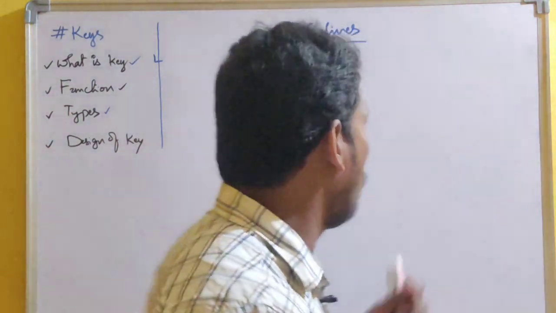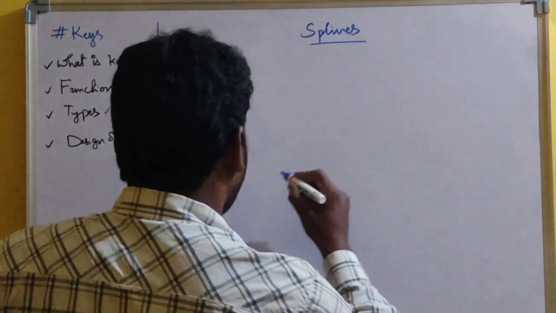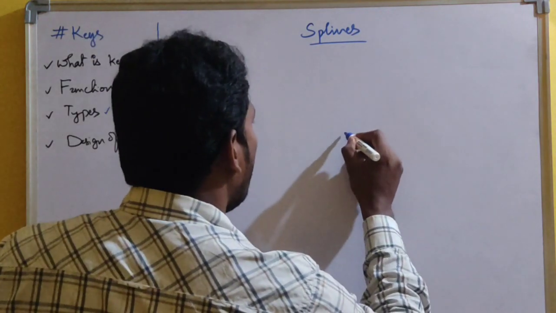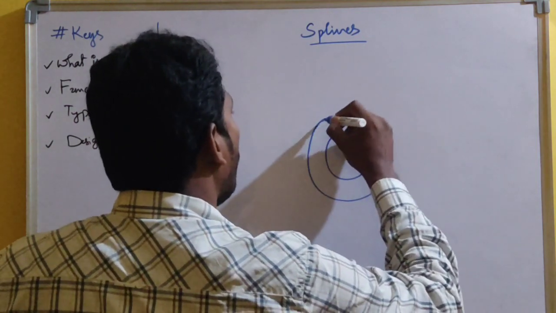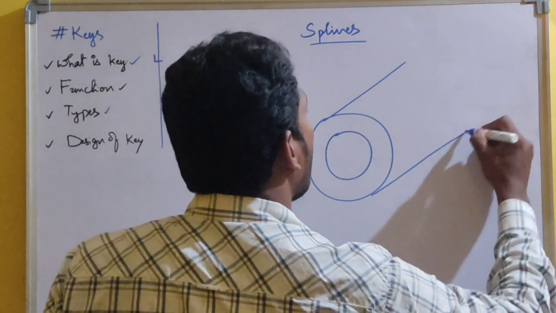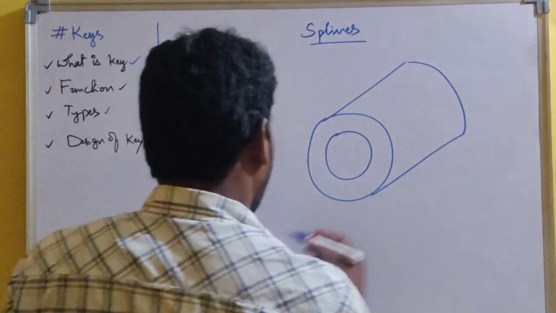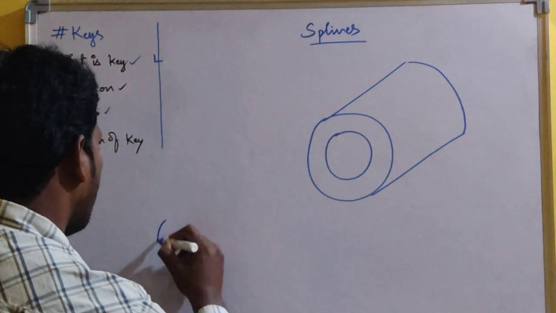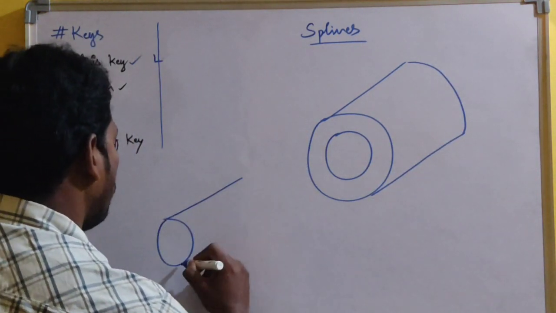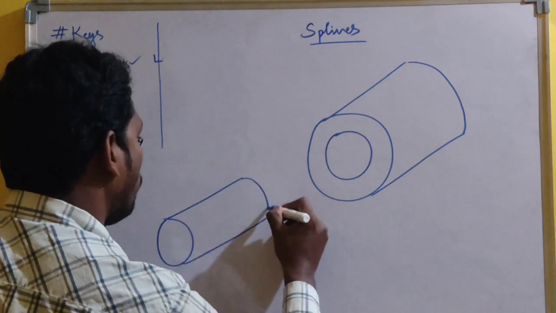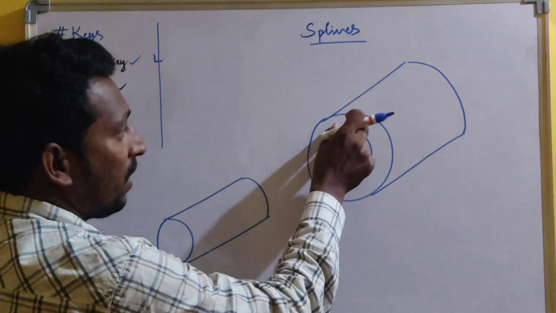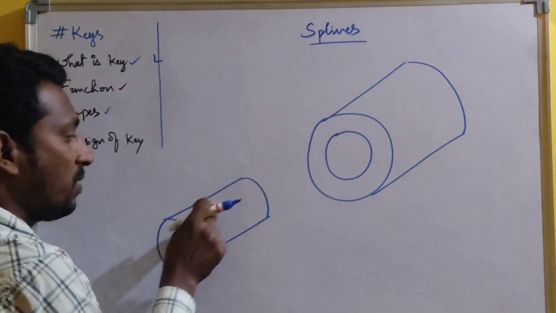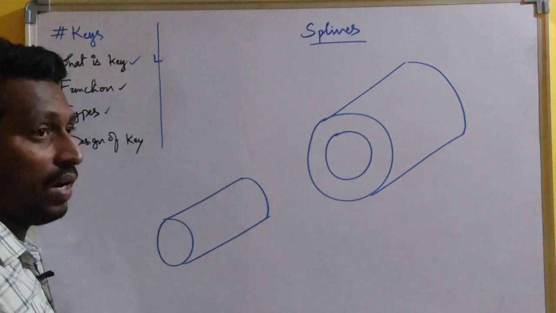Here I will show that. Here is one hollow shaft like this, and here we have one more solid shaft. In the previous case, we made a rectangular slot in the hub, and on the surface of this solid shaft we also made one rectangular slot.